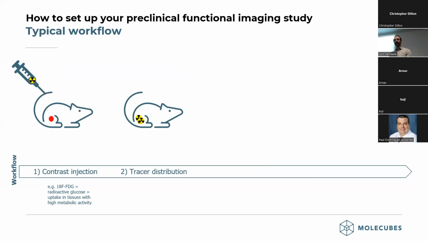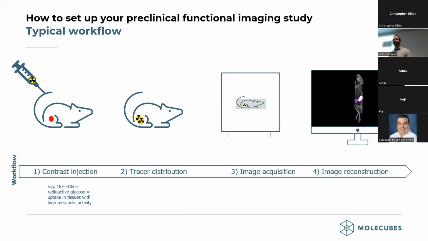For example, with the FDG study, or the 18 FDG, it's very much used in oncology research, as obviously cancerous tissue metabolizes the sugars quite heavily. The image is then acquired, and we can have a look at how that works in just a minute. And then an image is reconstructed to give you the fully tomographic 3D data, basically.